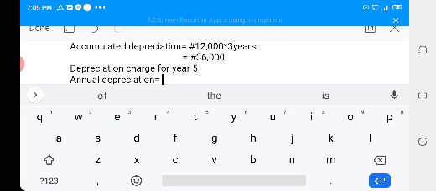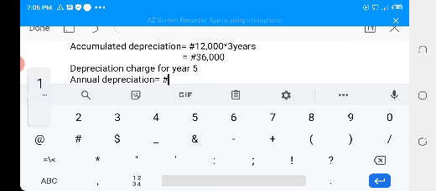So our carrying amount will be 150,000. Now remember that we are told that the residual value is no longer in place. That means we will add it back.